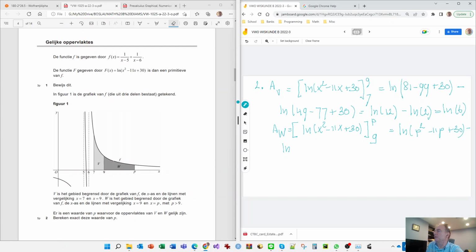That's actually why I kept the log 12 here, because it will actually drop this log 12. But anyway, we already know 9, it's log 12. And now we have to say these two are equal. Or, in other words, log 6 is log P squared minus 11P plus 30 minus log 12.